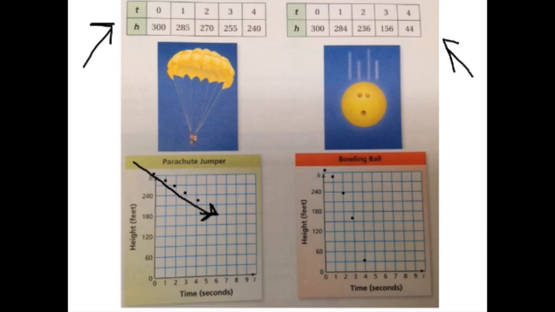And that's what I want you to notice about the bowling ball. You can't just tell by the table, but when you plot it out, you can see that this kind of does a curve. When you have a curve, it is non-linear. What is happening here is as each second passes, the bowling ball actually speeds up. This is a non-linear function.